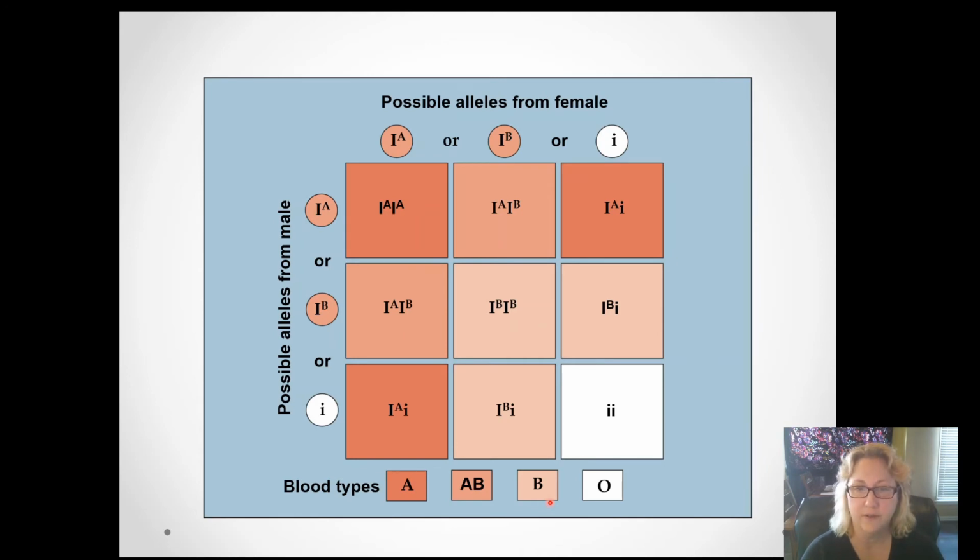Now this is different from the Rh factor, which we'll talk a little bit about. The Rh factor, which is the plus or the minus in your blood type, is a different gene on a different chromosome, but it's similar. It's an enzyme that adds something to the surface of your red blood cell. If you are Rh plus, that means that you have the enzyme.